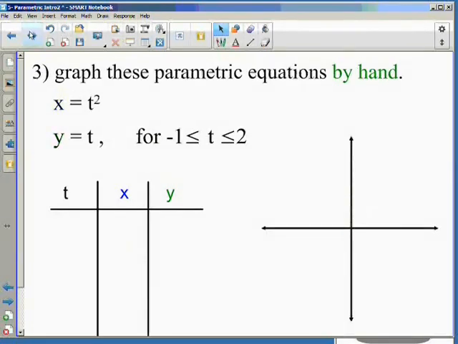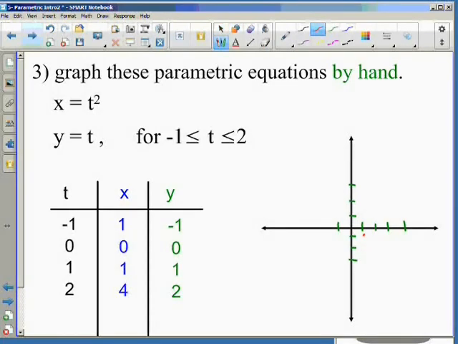Moving on, graph these parametric equations by hand. You should notice there's a squared term, and you might expect, as in the previous problem, we're going to have some parabola shape. In this case, however, after we've plotted these points, -1, and then the remainder of them, 0, 0, 1, 1, 4, 2.